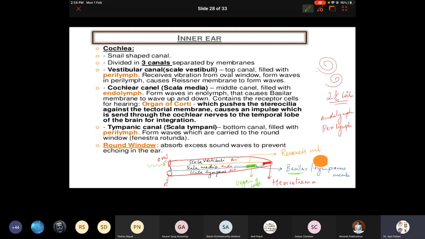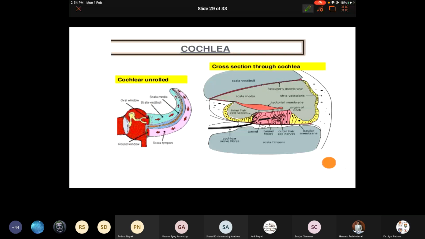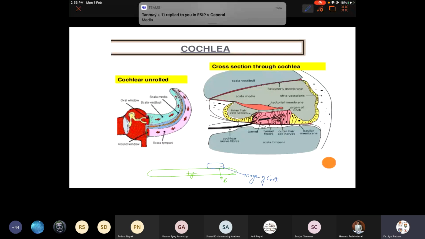Okay, now listen here. We're just talking about the scala tympani. This is the basilar membrane. Where is the organ of Corti resting? In which chamber? Scala media. Very good.